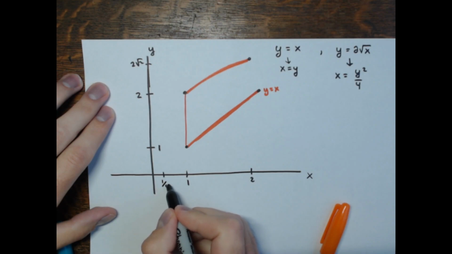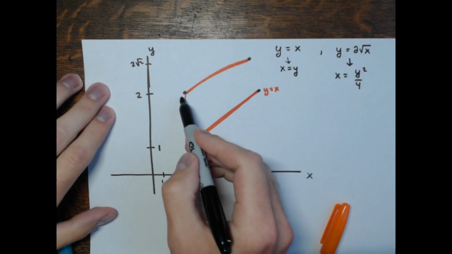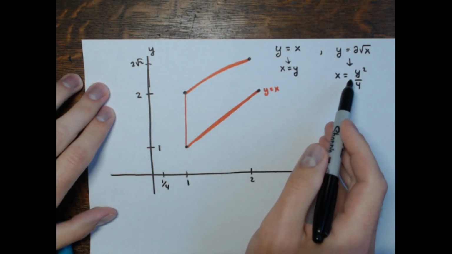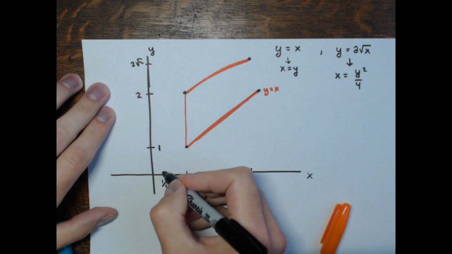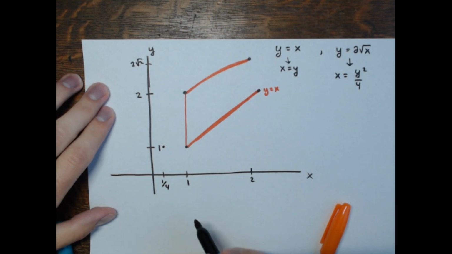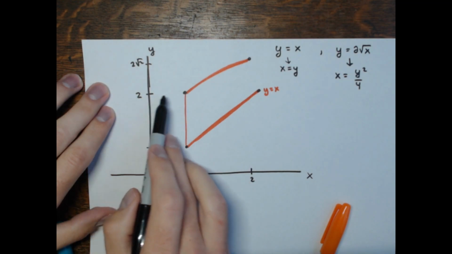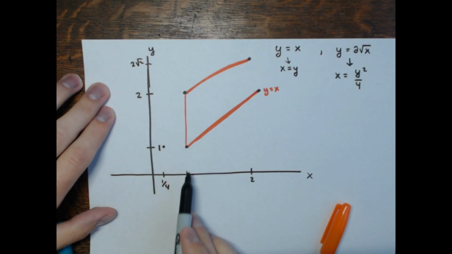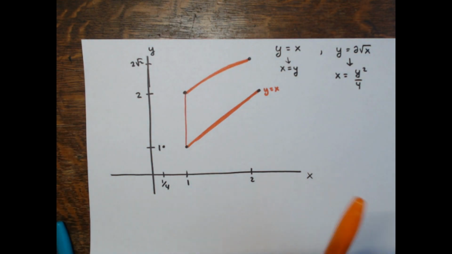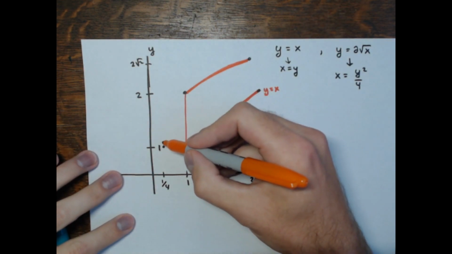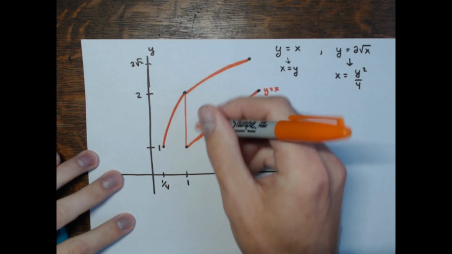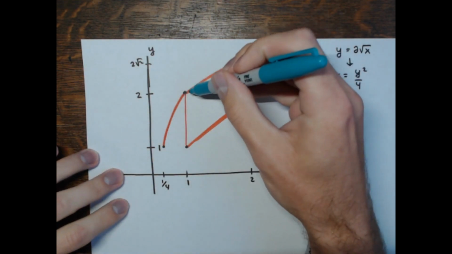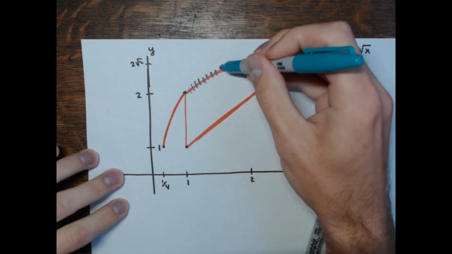So for that second curve up here, y equals 1, x equals 1/4, so you have the point (1/4, 1), and when y equals 2, x equals 1, so you have (1, 2). It's just this part of the curve. My apologies, so ignore this part and scratch that off.